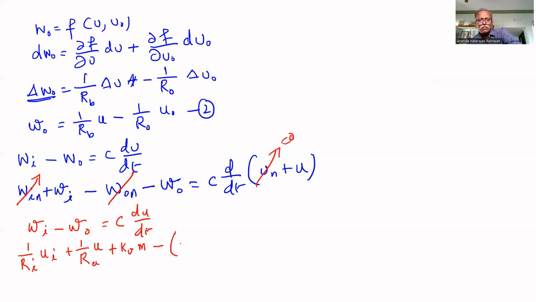For w naught we have to write from the second equation. That is equal to 1/Rb u minus 1/R naught u naught, equal to C du/dt.